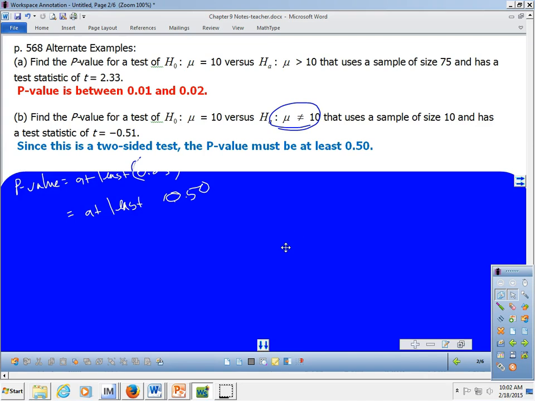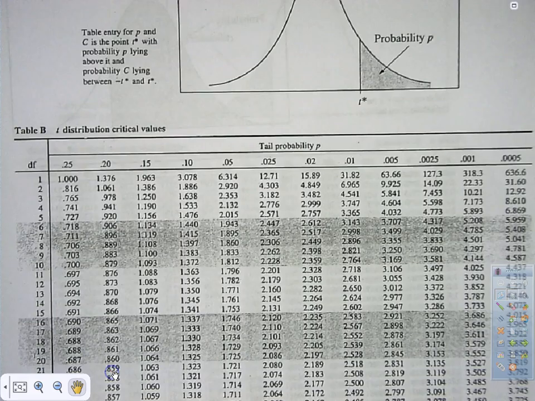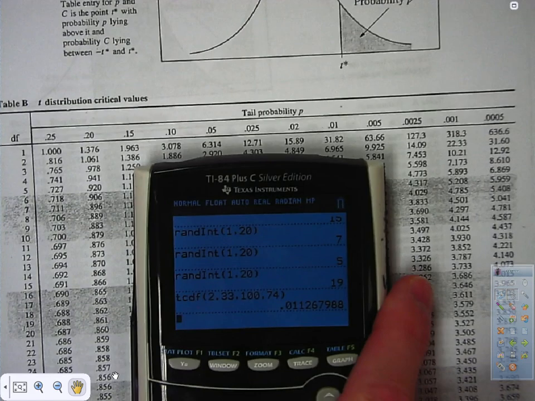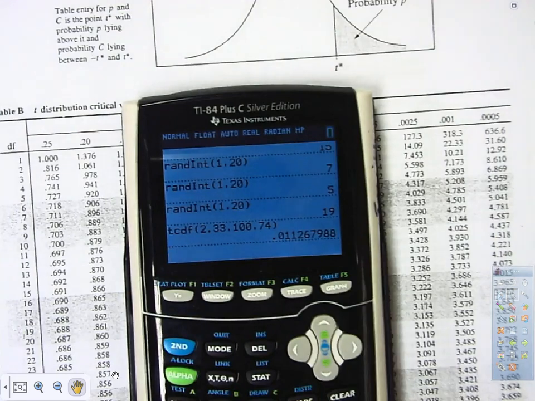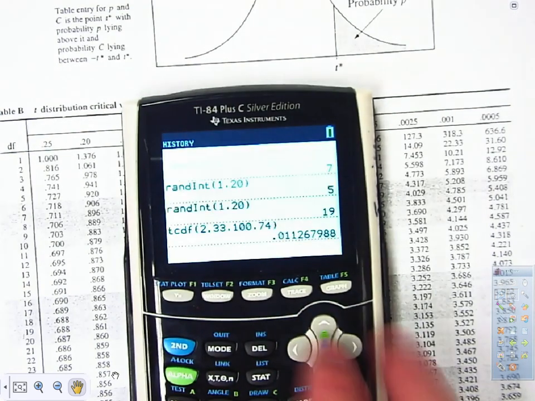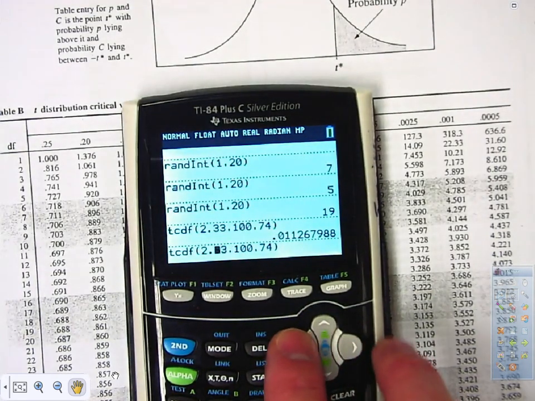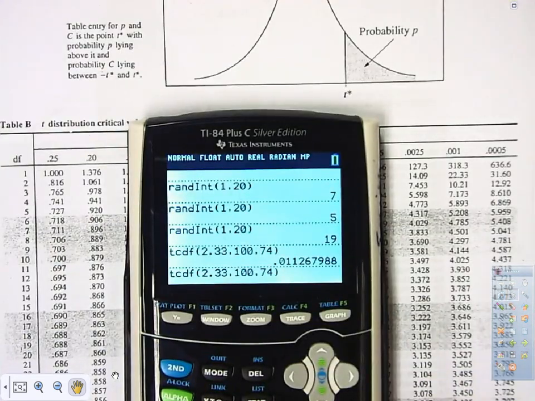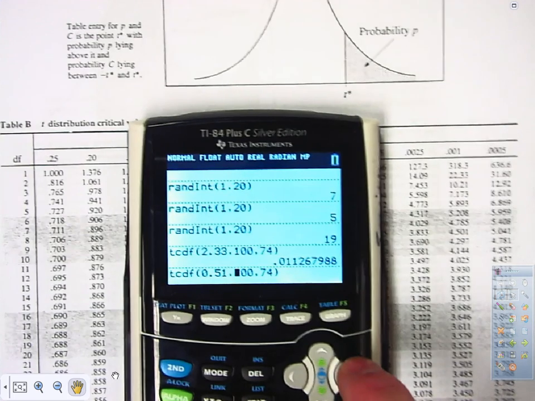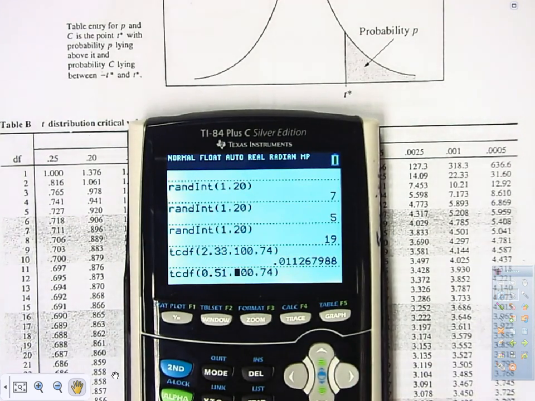Now, it's not very accurate. So we can get into the calculator, and I'll show you that real quick as well. Again, I'm going to sort of use the curve on the table to help me out here, but I'm going to do tcdf again, and this t star is going to be that positive 0.51 that I was looking for before. And then 100 is still going to put me out in that tail far enough.